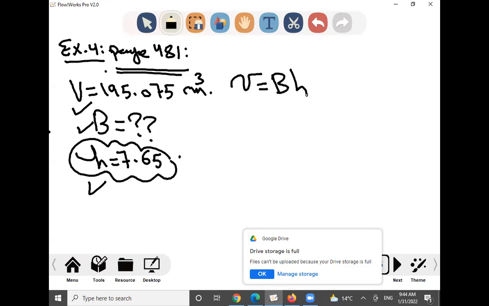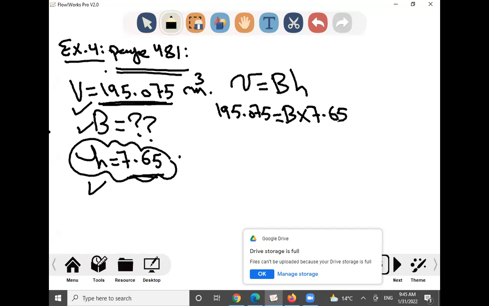The volume V is given, how much? 195.075 equals big B wanted, right? They want to find the base area. Multiply the height given, which connects the two trapezoids, which is 7.65.